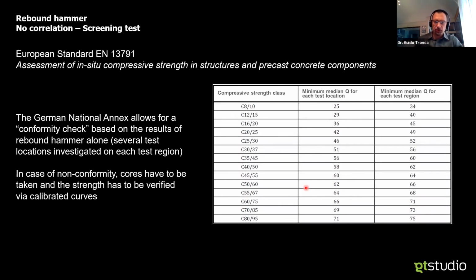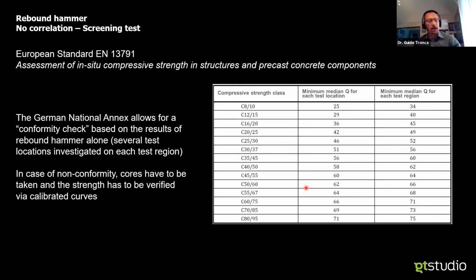Specifically in the German region, an annex was issued that allows a preliminary conformity check simply by means of the R value, traditional rebound hammer, or Q value, Silver Schmidt measurement.